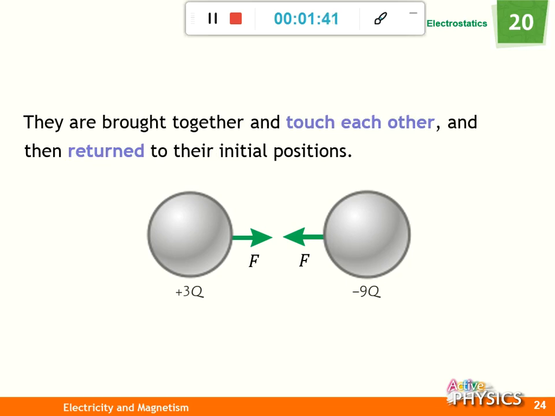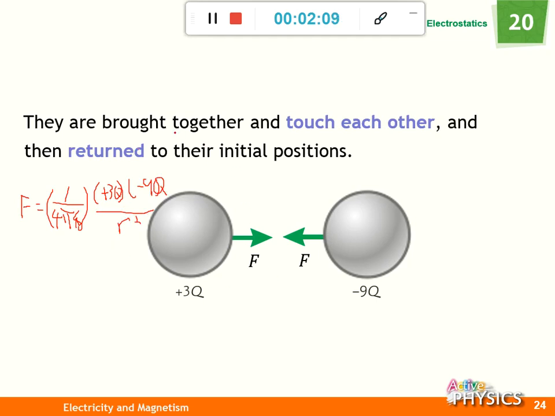Okay, let me find the pencil. Here, pencil. This one, F, should be the bracket 1 over 4 pi epsilon naught, and also the QQ. One is positive 3Q, the other one is negative 9Q. The distance is unknown R. Then we can set up this equation.